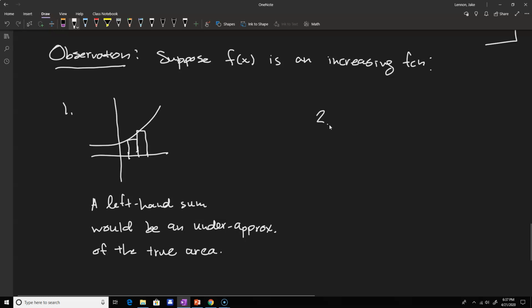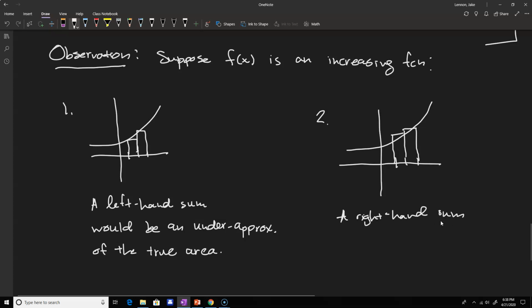Whereas if you did the same type of curve but looked at doing it using right rectangles, those rectangles would now be above the curve when we make them. So a right-hand sum would be an over approximation of the true area.